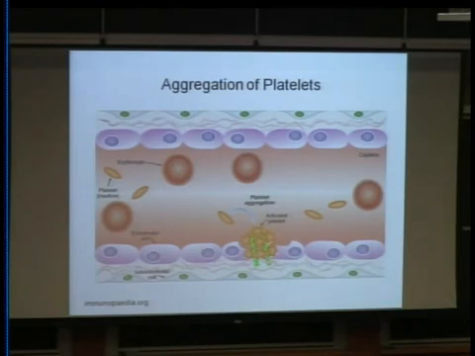Once it's activated, the platelet will bind to it, and the activated platelet will activate other platelets, and then they'll form a clot and stop the bleeding. But it needs to be activated because it's circulating in the blood all the time. Most of the time it's not activated. Otherwise, we'd have blood clotting everywhere, and we would not be alive.